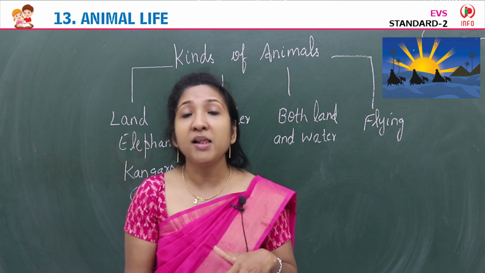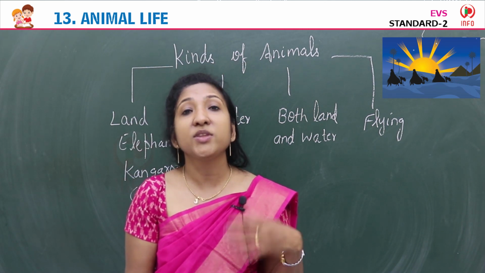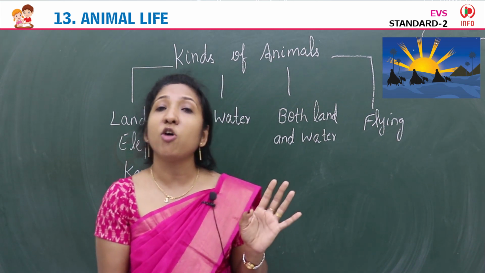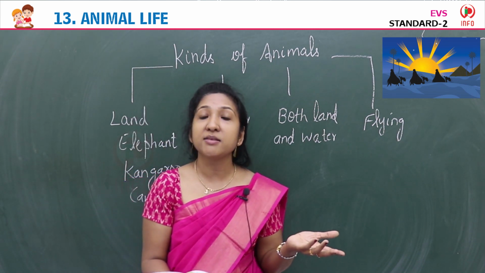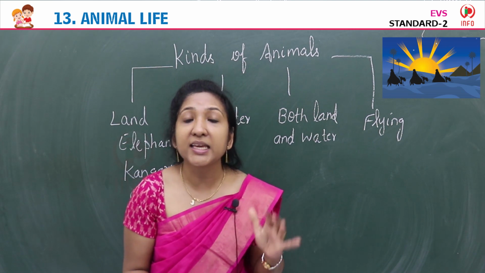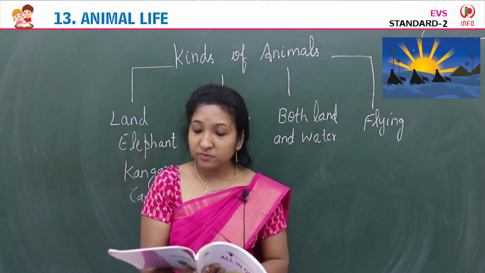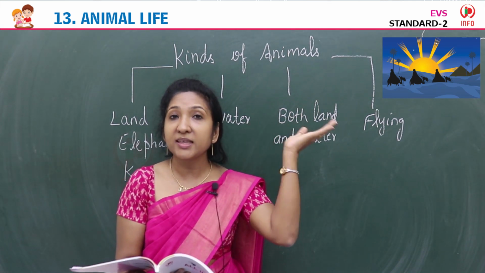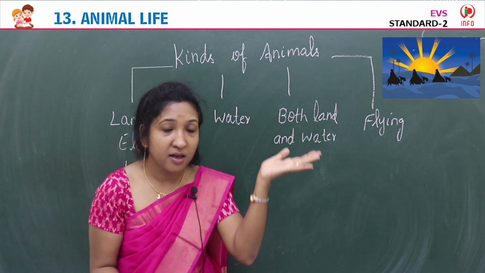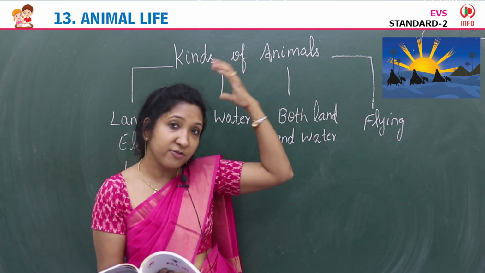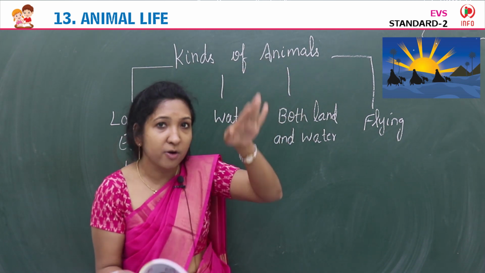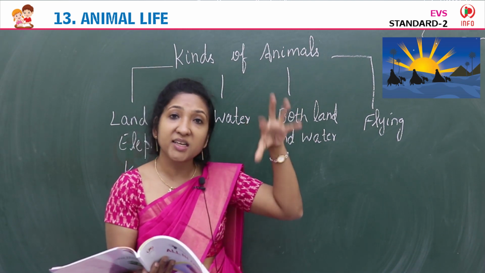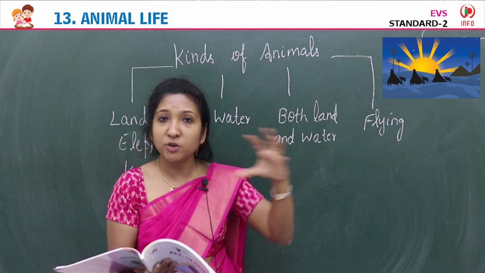But the camel can live in the desert without drinking water for many months. They store food and water in the hump. We can see the image of a camel here. On the back of the camel you can see something raised. That is called the hump. There it stores its food actually.